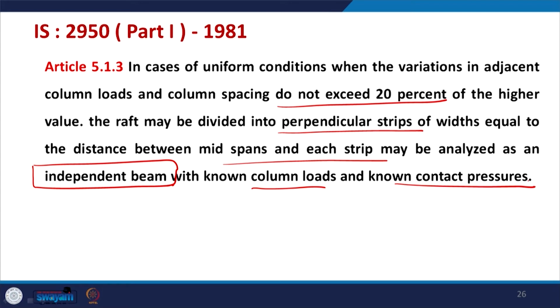So, rather than analyzing the complete raft together, we can analyze beam by beam. This was the genesis behind this. With this, we are done with the rigid foundations, or the conventional methods.